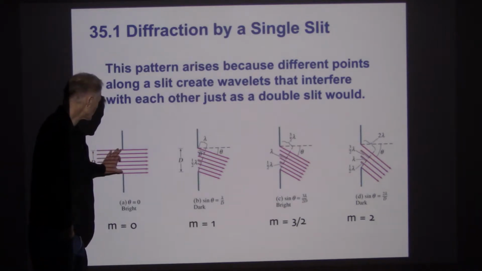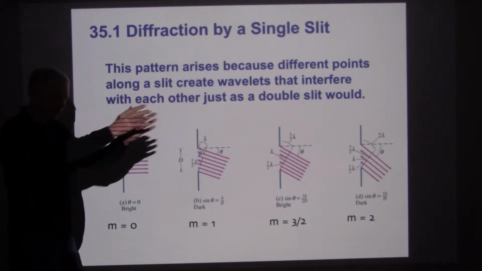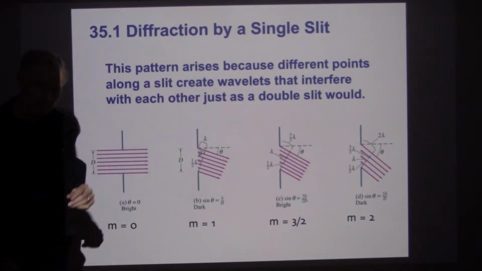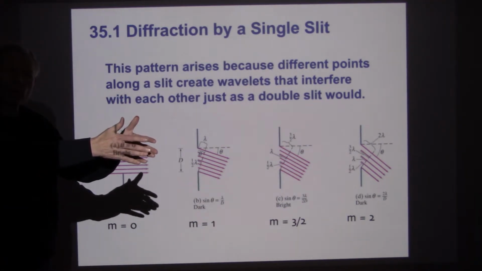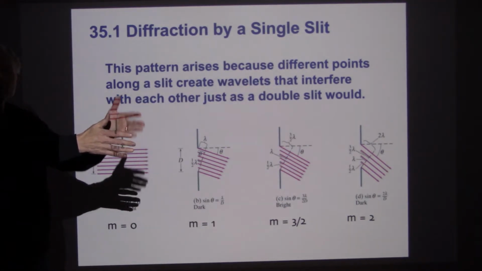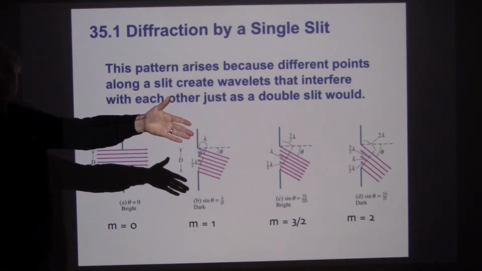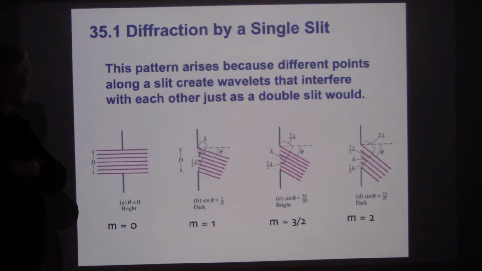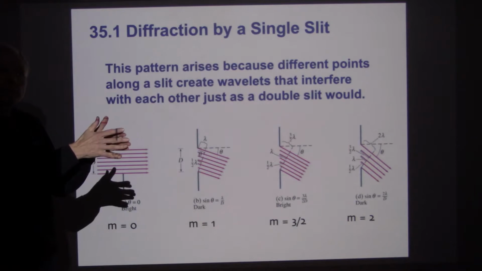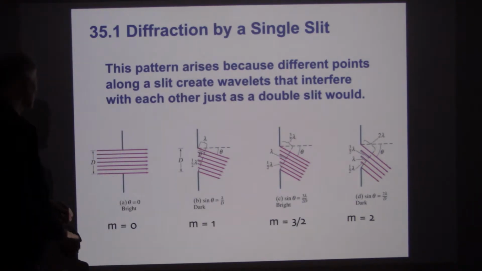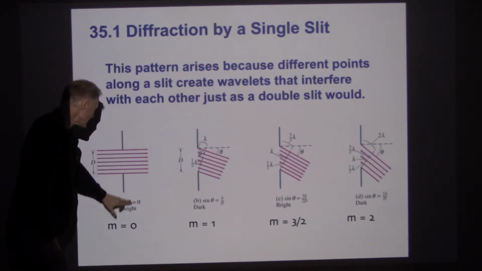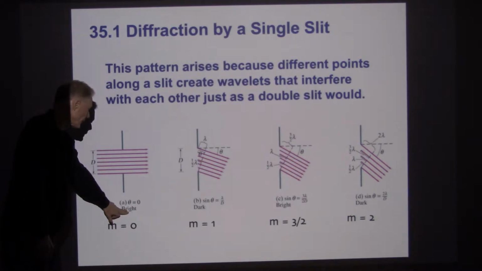And if we look straight ahead at the screen, all those paths are going to follow essentially the same distance to reach a point right straight in front. That means they're all going to be in phase with each other, and that's going to give us a bright, constructive point.